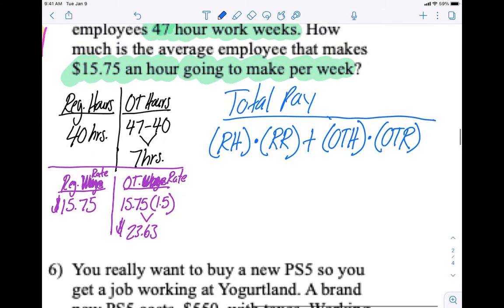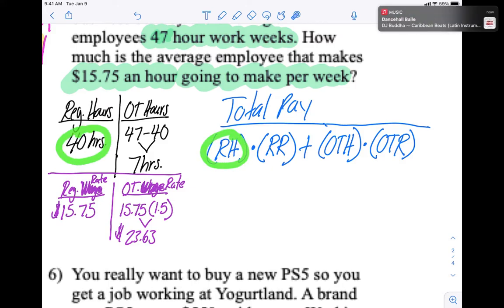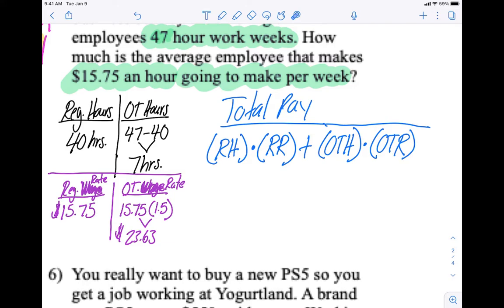Look at that. Fortunately for us, we have all four of those pieces of information. Regular hours, 40 regular hours. Regular rate, $15.75. Plus overtime hours times overtime rate.